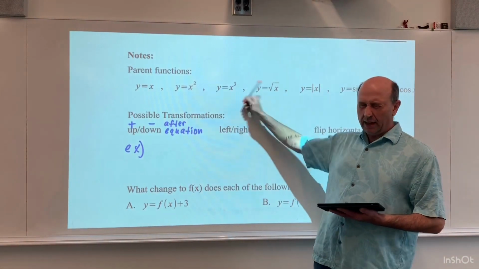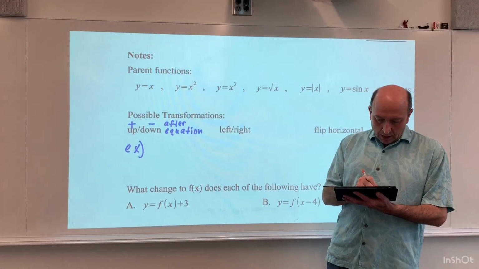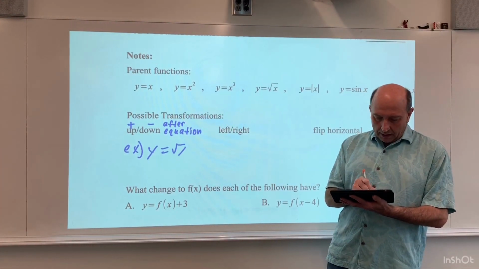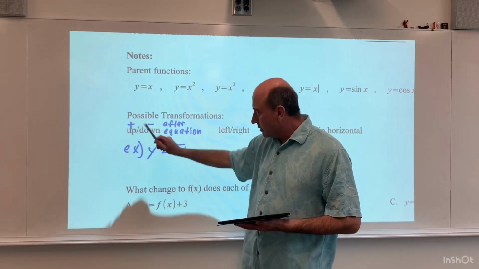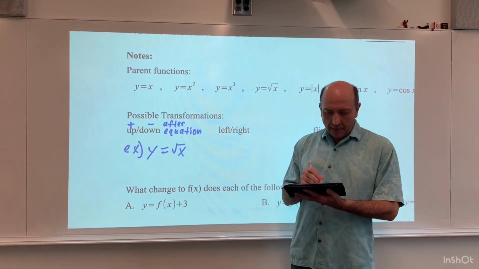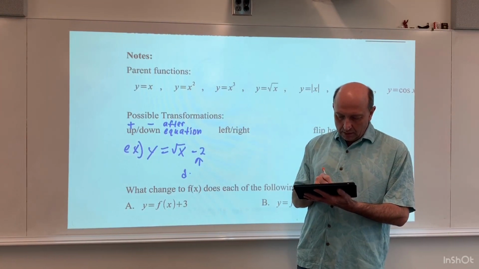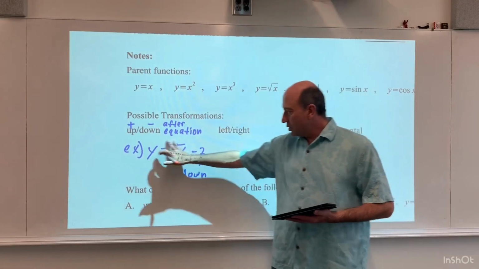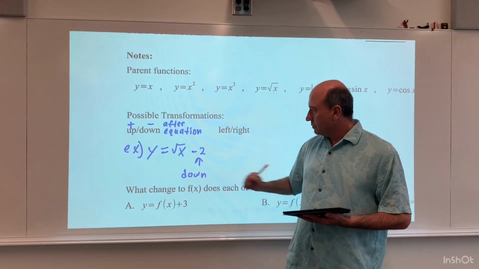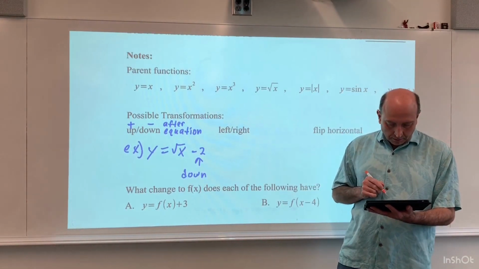So anyone, close your eyes and point to one, that one. Square root of x. So y equals the square root of x. Up, you want to add something. Down, you want to subtract something after the equation. So for example, that would move it down 2. This graph is now moved down 2. Okay, that seems fairly straightforward.